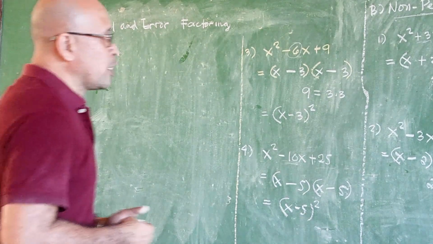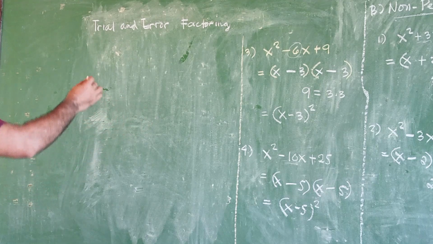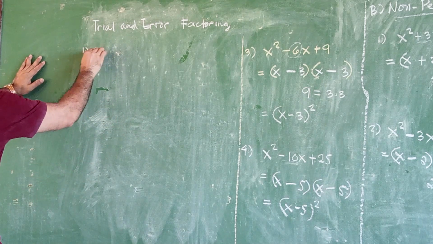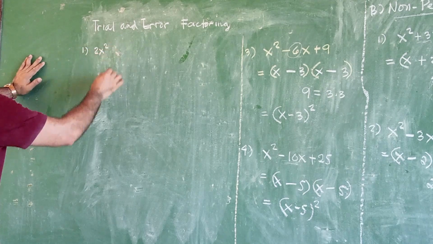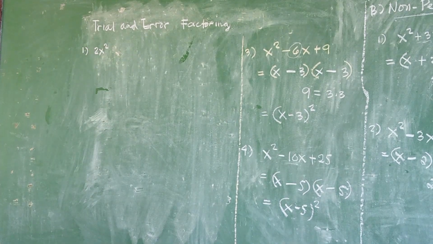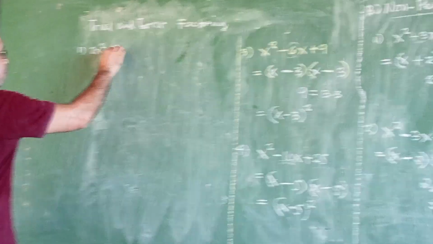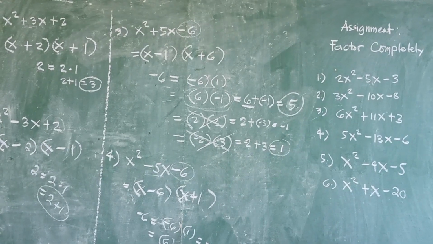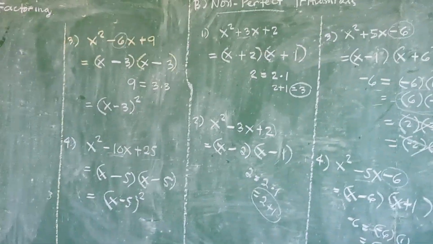Supposedly, in your given assignment, we will try to answer the first one. And that is 2x squared minus 5x minus 3. Here.